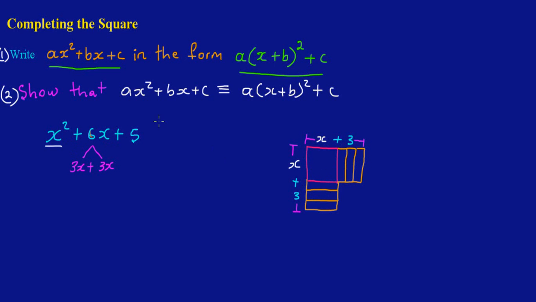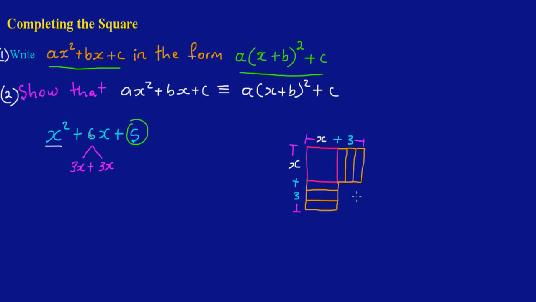Now for the final term, to determine what value I would get for my 5 here: if you notice, we have basically 3 full squares, but we have a part that is missing. There is a part here that is missing from this square. To make this square complete, we need to find out how many little boxes will make up this portion.